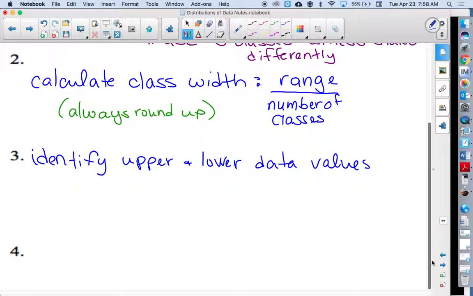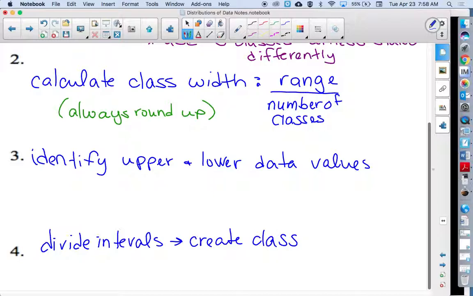And then we'll divide up our intervals, or we'll create our classes. So it seems like a long process, but it actually is not.